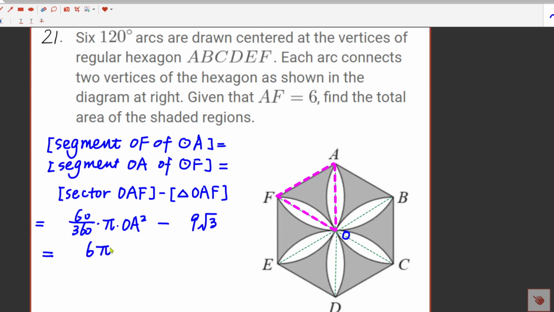And this gives us 6 pi. Therefore, we know the area of the segment OF of circle A, or segment OA of circle F, is 6 pi minus 9 square root 3, right?